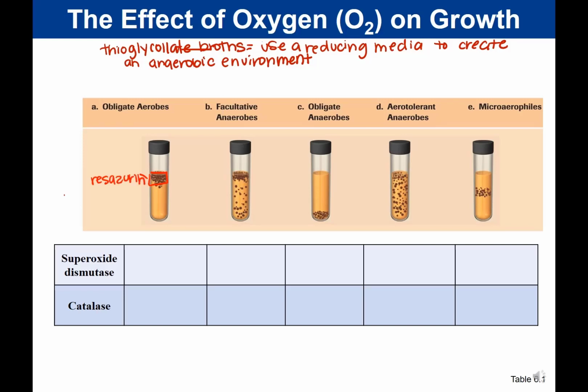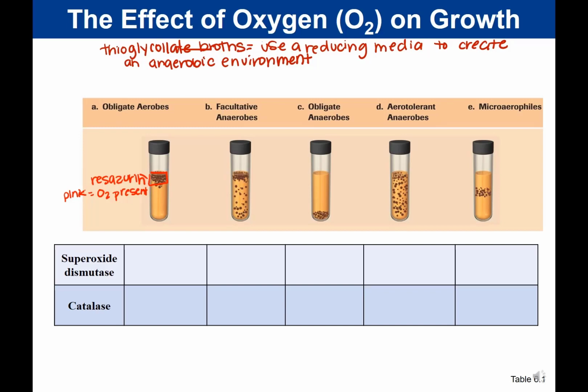And resazurin is pink when O2 is present. And so we talked about what our thio broths look like for each type of organism. If it's an obligate aerobe, it's going to grow only in the top, only where the resazurin is pink.